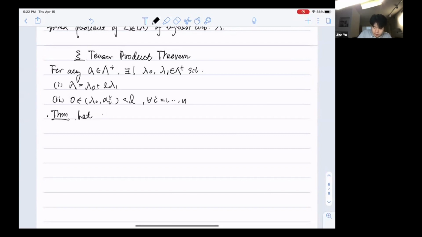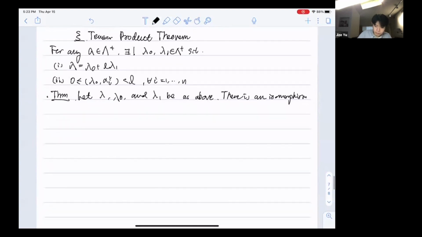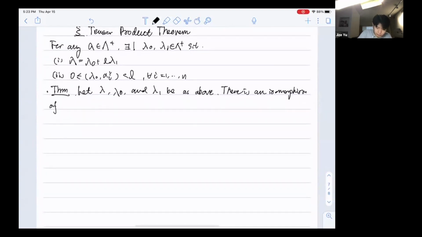So let lambda 0 and lambda 1 be as above. Then there is an isomorphism of U_epsilon modules.